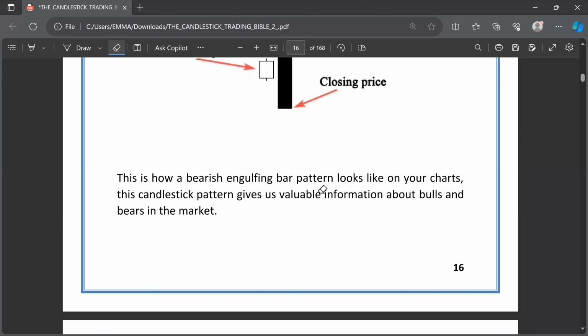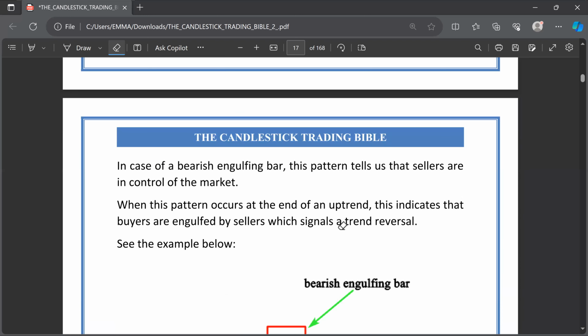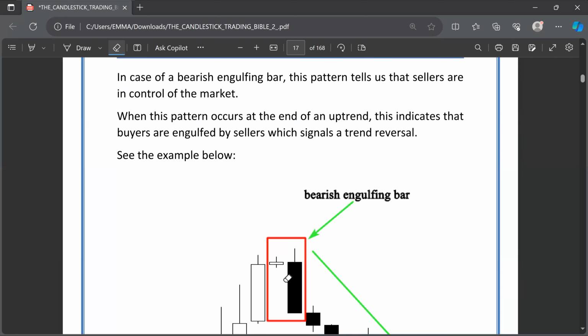This candlestick pattern gives us valuable information about bulls and bears in the markets, right? Now, in case of a bearish engulfing bar, this pattern tells us that sellers are in control of the market, right? Because if you look at the candlestick here, this is very big, and we learned earlier that the size of the candlestick, which is the height, shows the pressure of the buyers or the sellers, right?